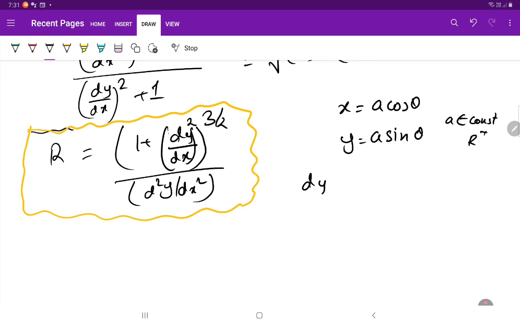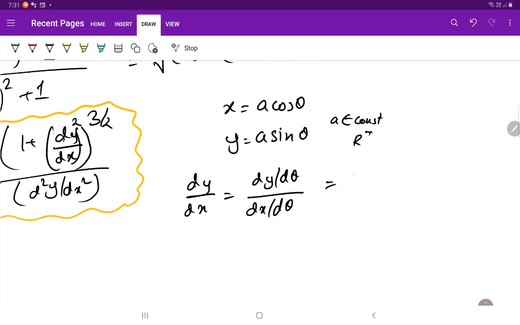Hence, dy by dx can be written as dy by d theta upon dx by d theta, which gives minus a cos theta by minus a sin theta. Hence, it would be cot theta, right? Pardon, so dy by dx is equal to minus cot theta.